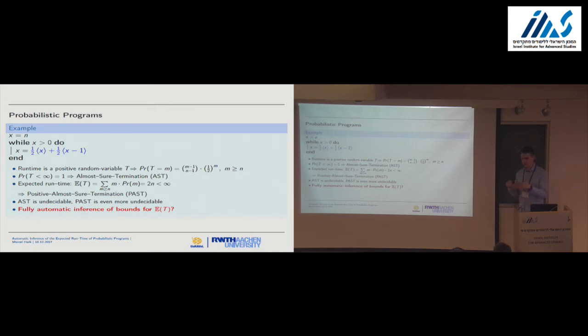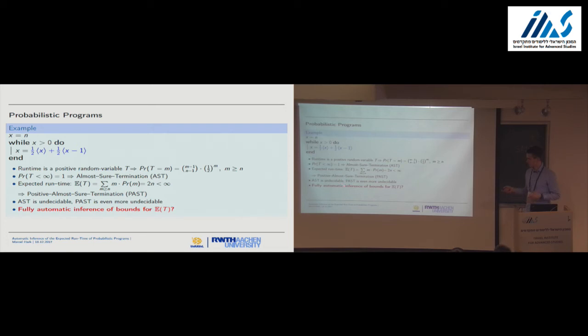Yeah, the actual thing which is underlying is a Markov decision process. And yes, then you have, like with Markov chains, null recurrency, positive recurrency, and transiency. And null recurrency is AST, and positive recurrency is PAST, but they are both undecidable for these.